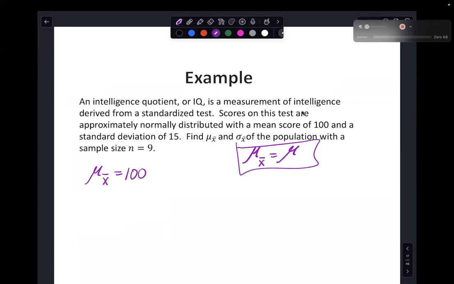Standard deviation: we'll take the population standard deviation divided by the square root of your sample size. Thankfully, this is a super easy number. 15 divided by 3 equals 5. So this is my standard error.